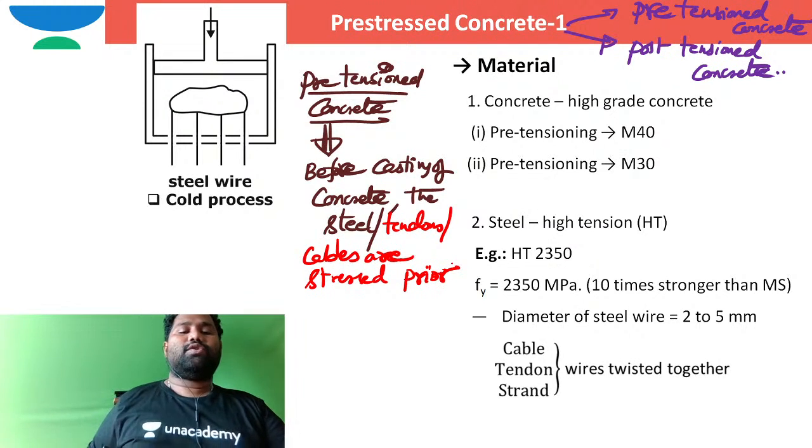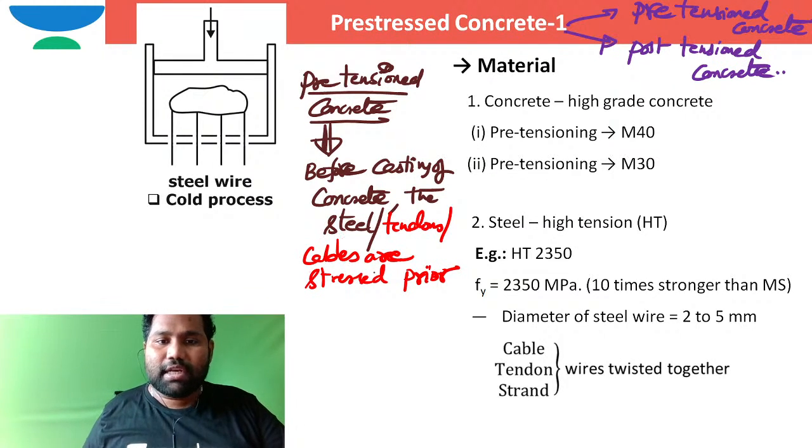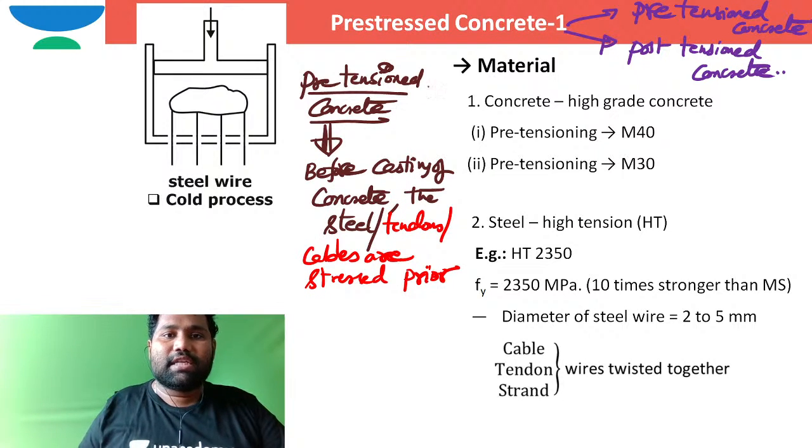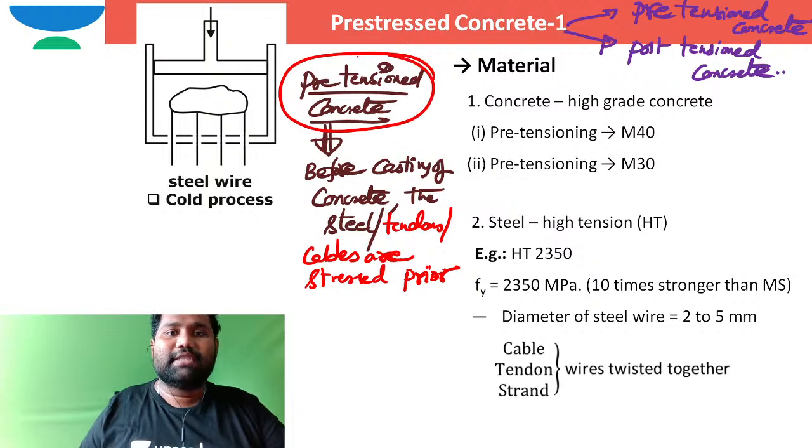As the steel, tendons or cables are stressed prior to the casting of concrete, that's the reason why we call this type of concrete pre-tension.